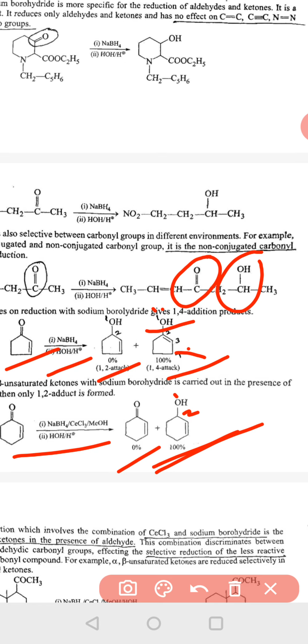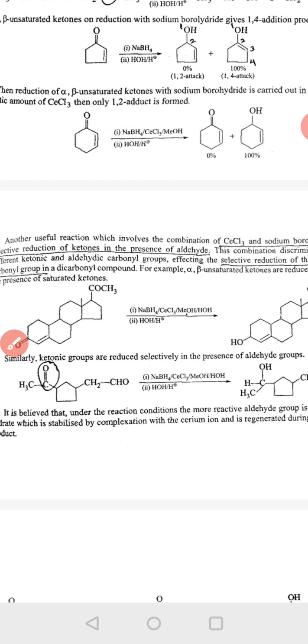Let's take an example. If we reduce alpha beta unsaturated ketones, then the unsaturated ketones are reduced selectively in presence of saturated ketones. We have a compound which has both alpha beta unsaturated ketonic group and a saturated ketonic group. Then the less reactive alpha beta unsaturated ketonic group is reduced and the saturated ketone is left untouched, unreduced.